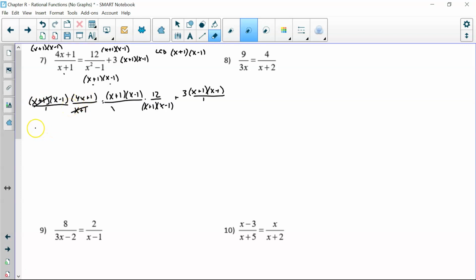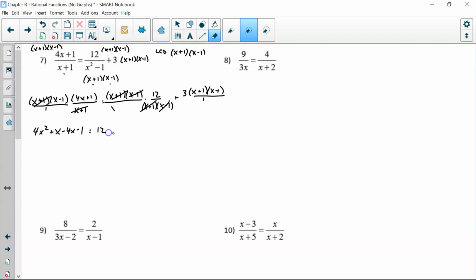So we multiply, we get 4x squared plus x minus 4x minus 1 equals 12 times x plus 1 times x minus 1 plus 3. Oh, excuse me. Sorry. The x plus 1 and x minus 1 cancel.